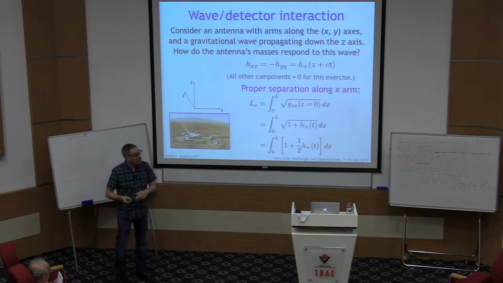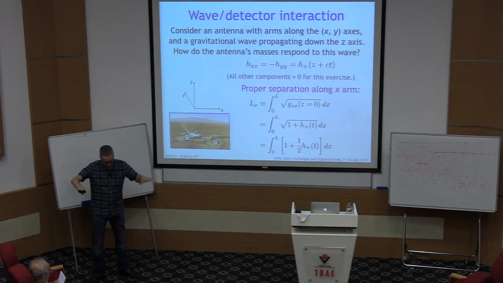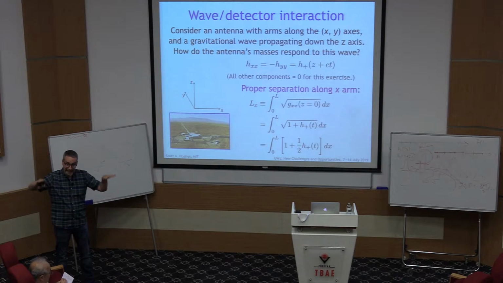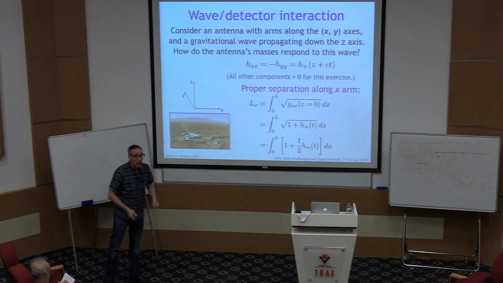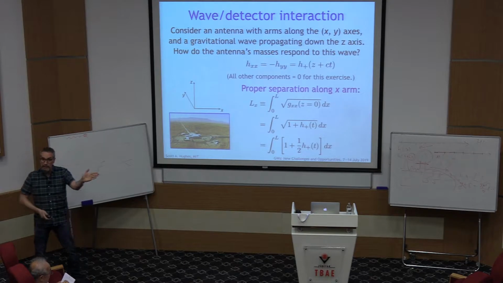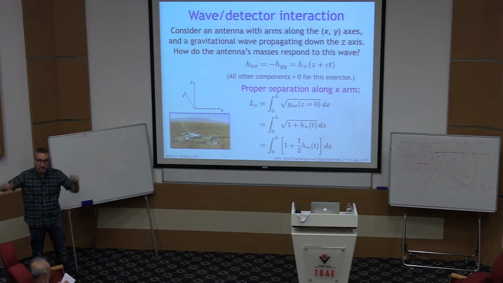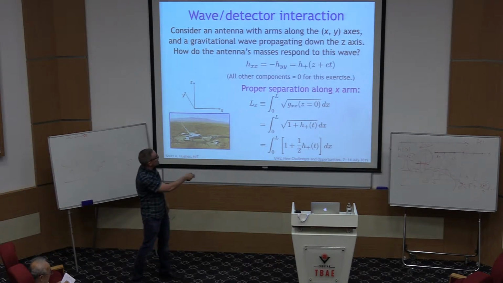In general relativity, you imagine a particular instant of time, so I'm going to look at no time-like interval, and I'm only measuring distances along the x-axis. And I integrate up a particular component of my metric to get the proper separation of the test masses along this. Okay, so this is just going to be given by this.